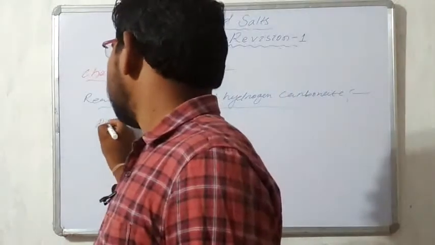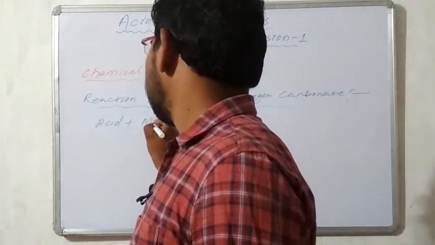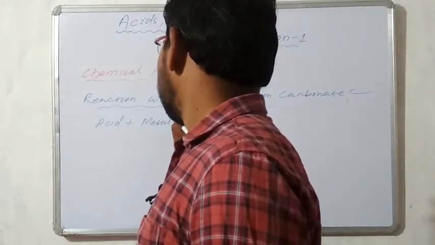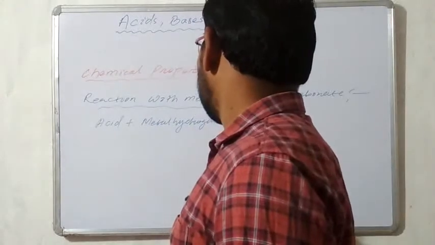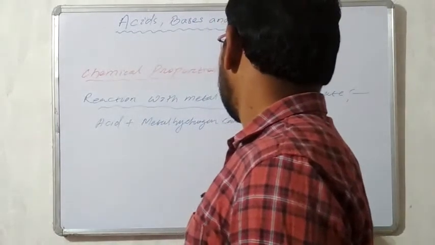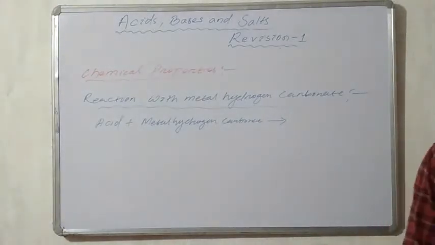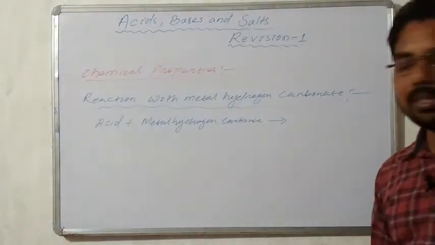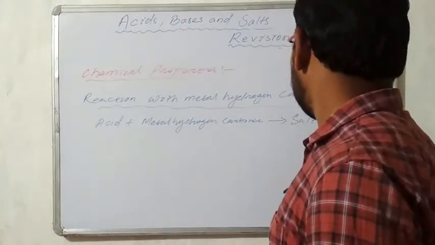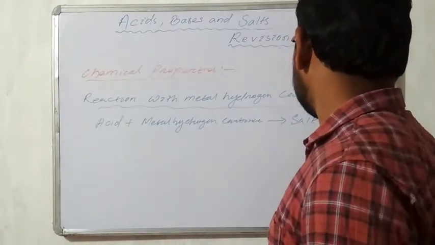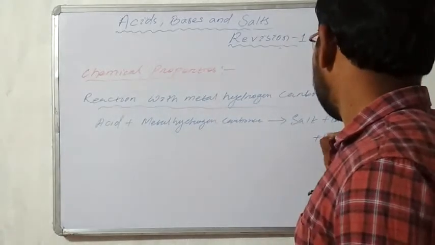When acids react with metal hydrogen carbonates, here also salt plus carbon dioxide and water are formed.